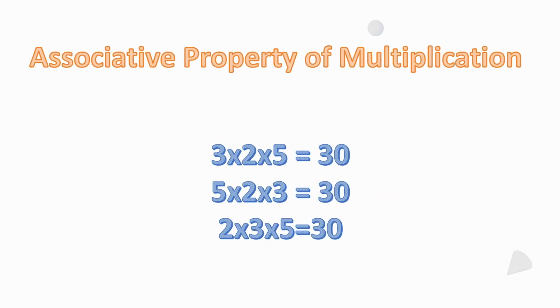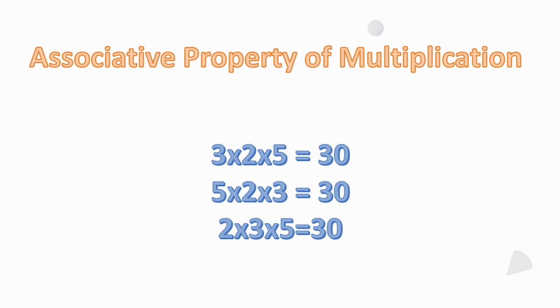Now, multiplication also has an associative property, which just means that you can arrange the numbers in the multiplication any way you want, and you're going to still get the same answer. So, for example, I can take 3 times 2 times 5, which is 30, or I can rearrange it as 5 times 2 times 3.